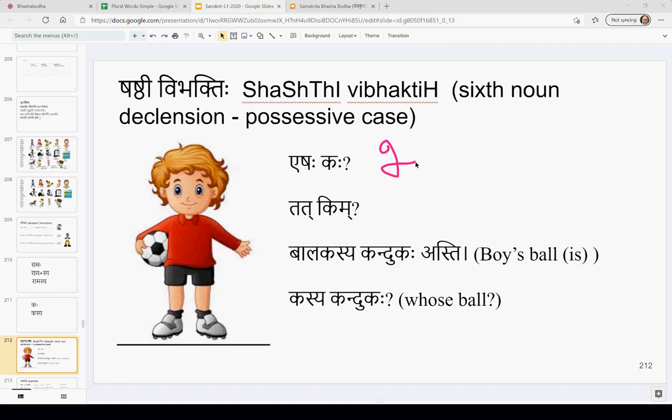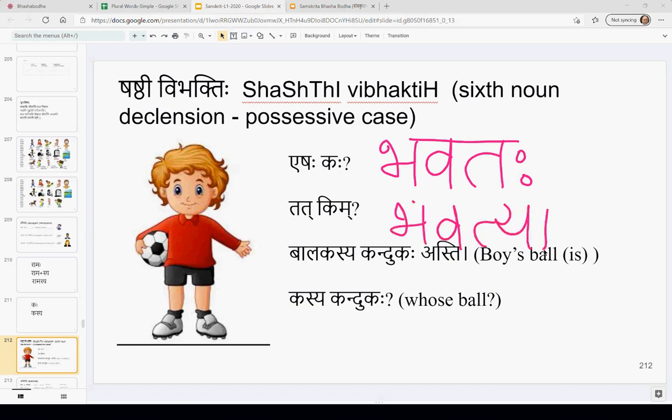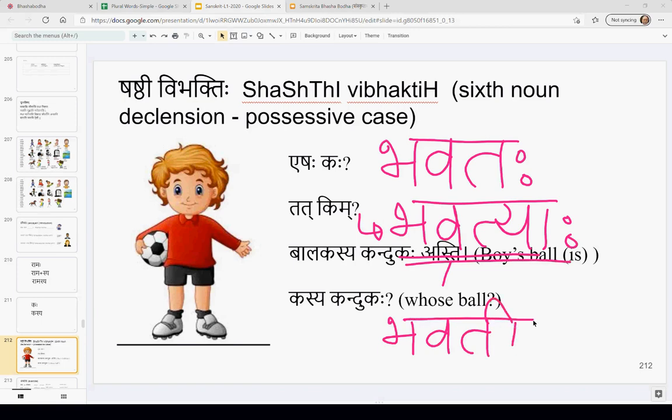Same thing we have studied with bhavataha also, right? Bhavataha nama kim, bhavatyaha nama kim. That is one of the first things we studied. So these are also shashthi vibhakti forms of their base words. Now, bhavatyaha is simple. Bhavatyaha means you are, in Strilinga, because bhavatyaha is Strilinga, which we have studied before. The base word for bhavatyaha is bhavati. This is like nadi, which we are going to study, a Strilinga word.